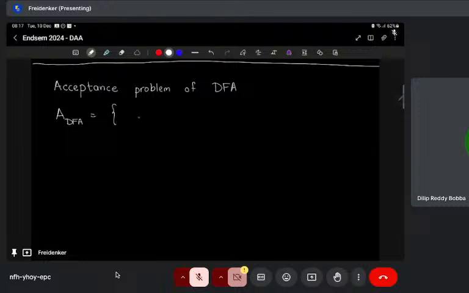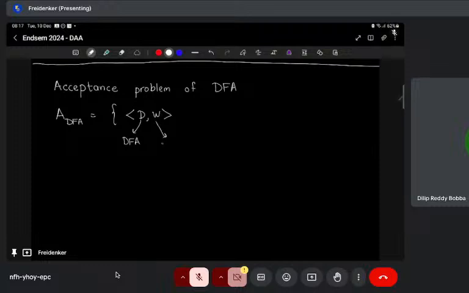What does it have? It has a tuple D comma W, where D is a machine. We know what a machine is, right? And what kind of machine? Here it's a DFA, and we know DFAs are five tuples. So D itself is a five tuple, but we are representing that five tuple using a letter D, and W is some string.